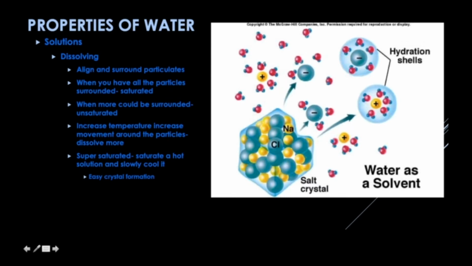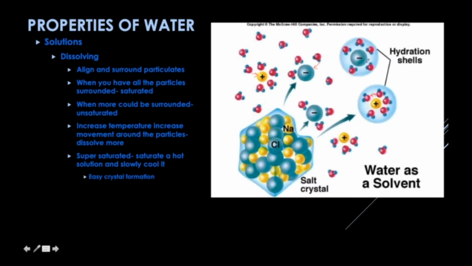They will surround them by the negative oxygens wanting to be near the positive sodiums and the positively charged hydrogens close to the negatively charged chlorines. Once they wrap them up as best they can, while also keeping themselves spaced away from each other, as shown here, those oxygens don't want to be near each other, they form what's called a hydration shell.